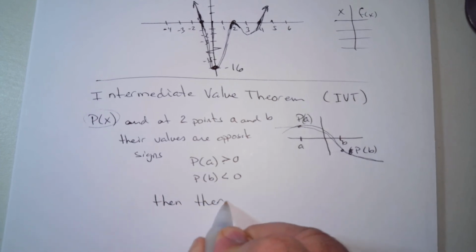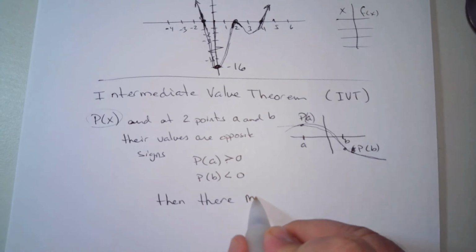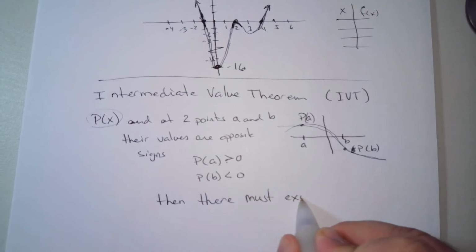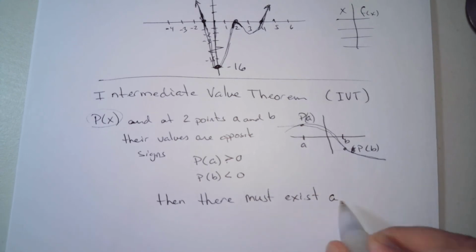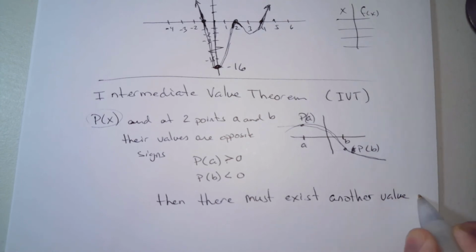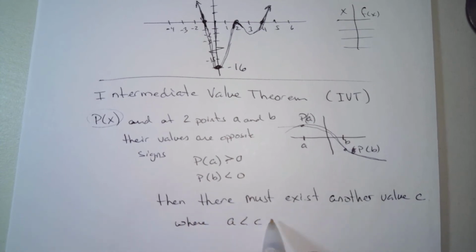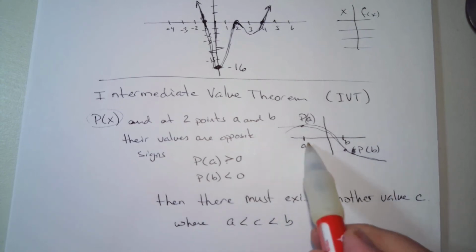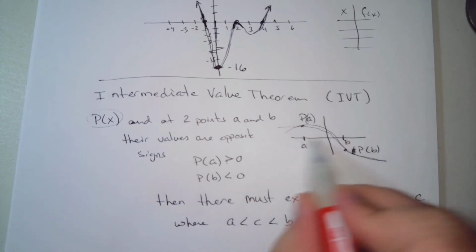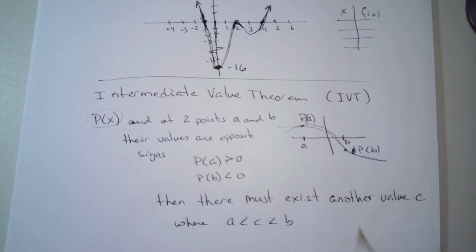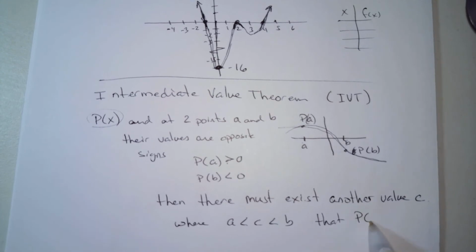Then there must exist another value C, where C is between, so here's A, here's B. There has to be a value C somewhere between there that the value of the function at that point is 0.